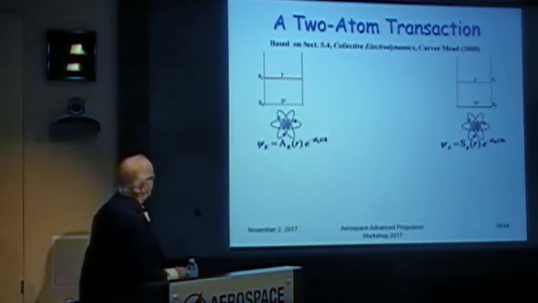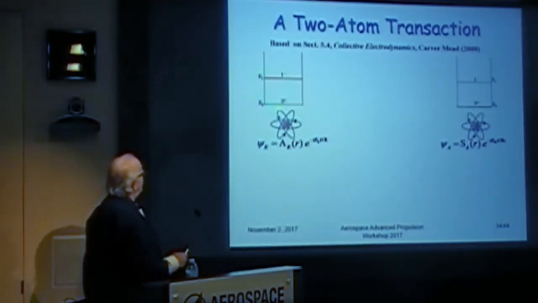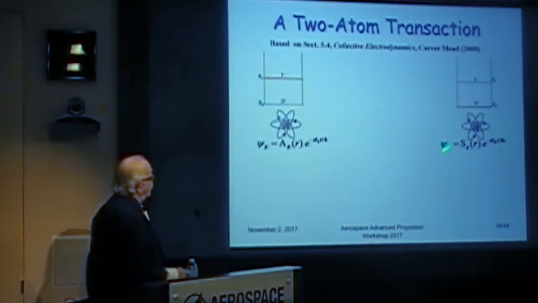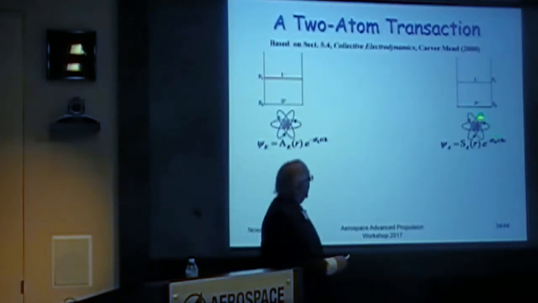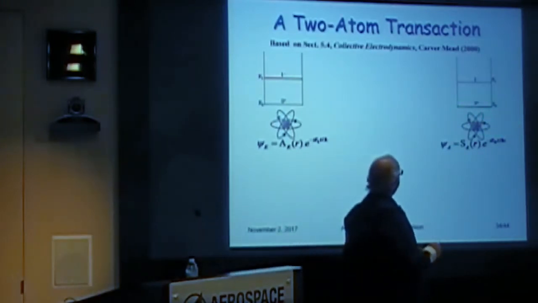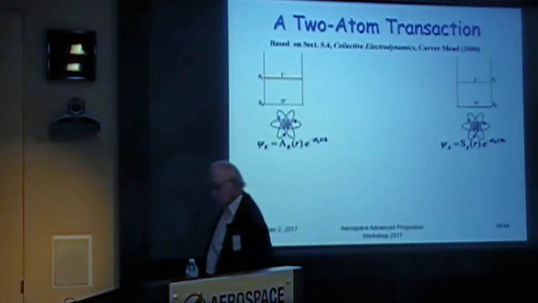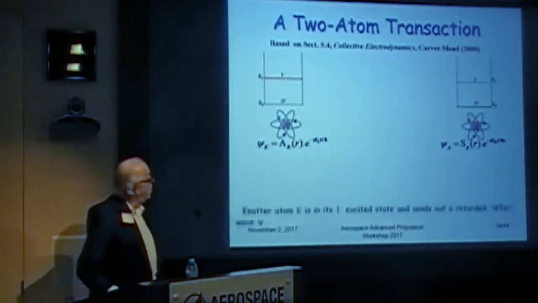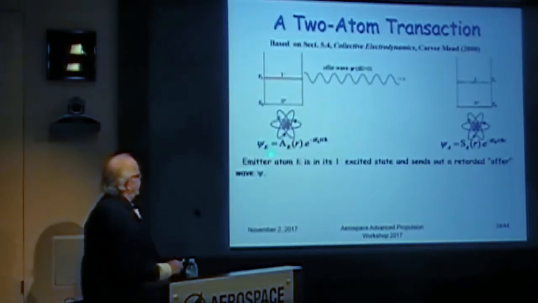Here we have an emitter atom. It's in a 1- excited state, ready to radiate. Over here we have a possible absorber. It's in the ground state. Notice that these are opposite parity. First of all, according to the transactional interpretation, the emitter atom in its 1- excited state sends out a retarded offer wave saying, hey, I'm over here and I'm in the 1- excited state, and this goes in various places.